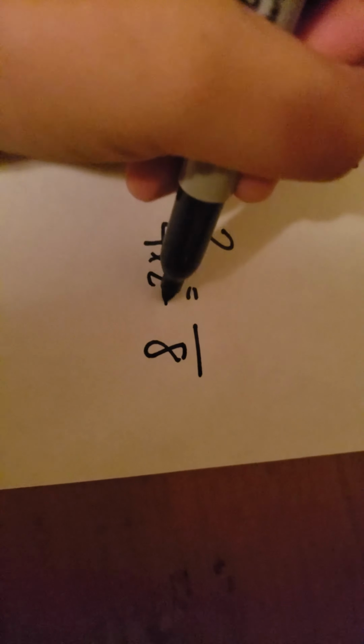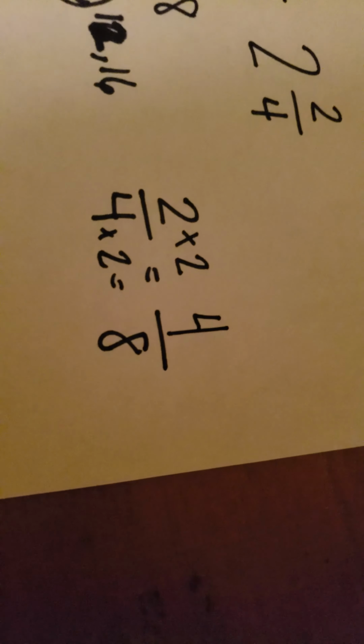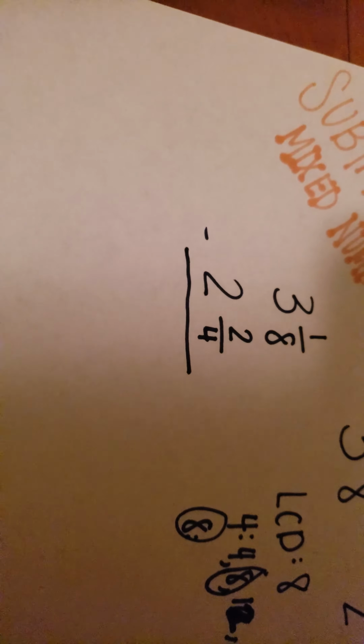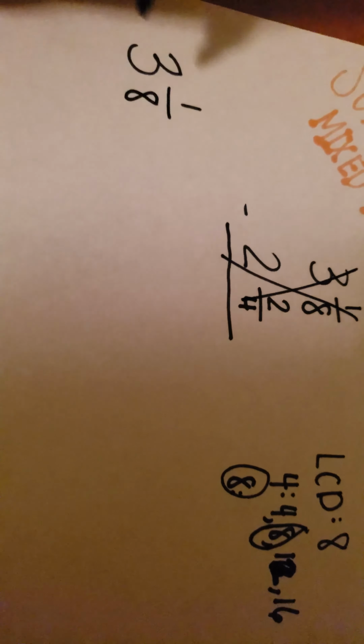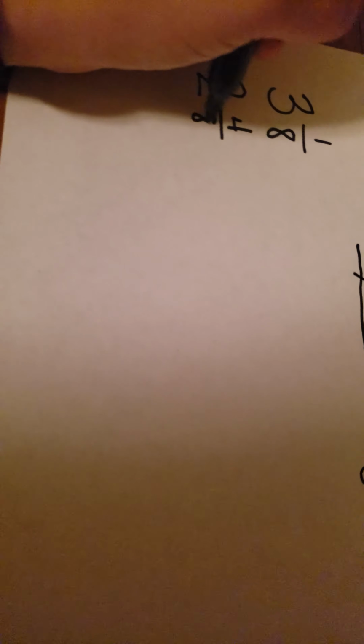I know that 4 times 2 equals 8, so I'm going to do the same thing to the top. My new fraction will be 4/8. So we're going to go ahead and rewrite that problem again. Going to keep my 3 and 1/8, but I'm going to change my bottom number to 2 and 4/8.